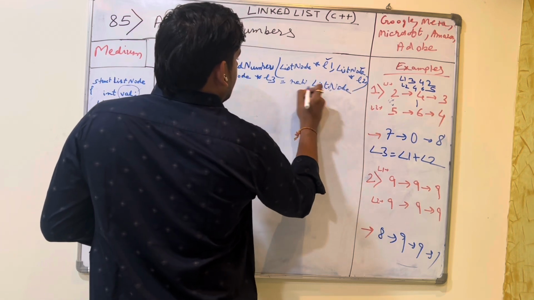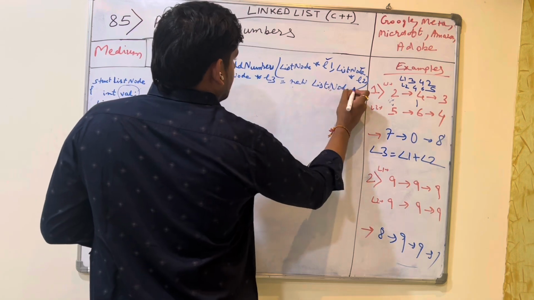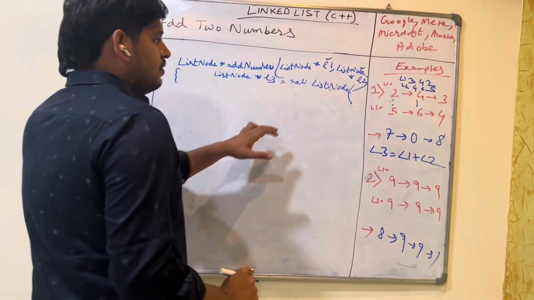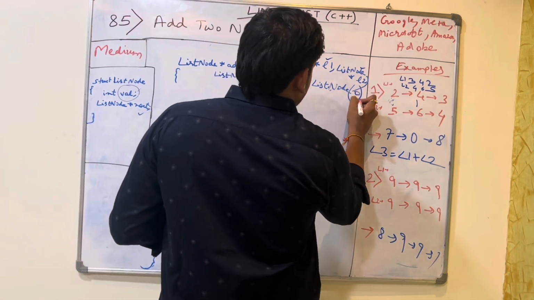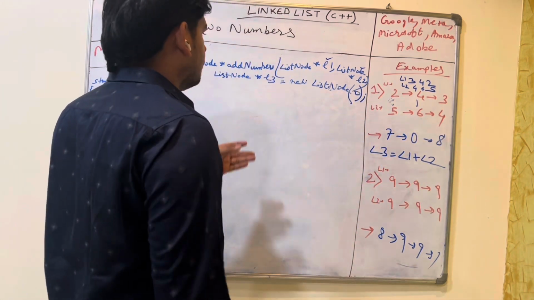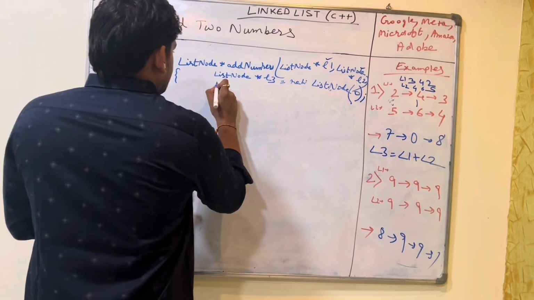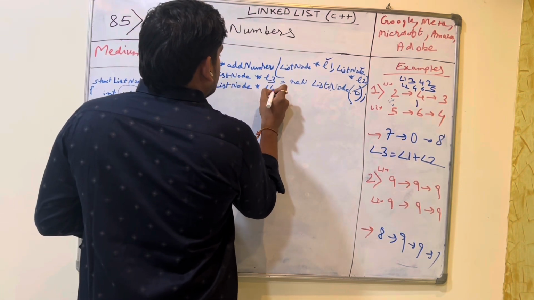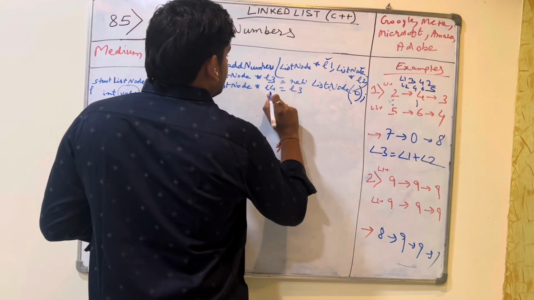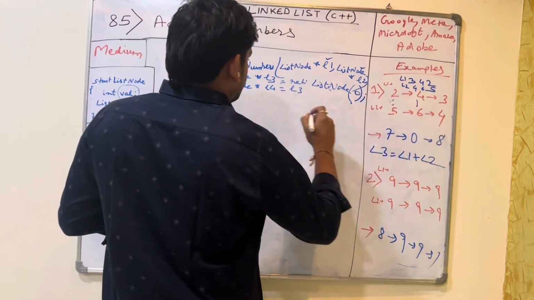As we do in C++, we use new to allocate the memory, and we assign the value 0. So this L3 starts with 0, and we have a ListNode struct L4 equal to L3, so that we can return L4 because we'll be moving forward, right?